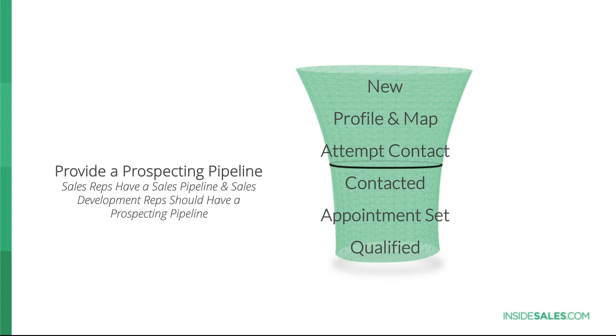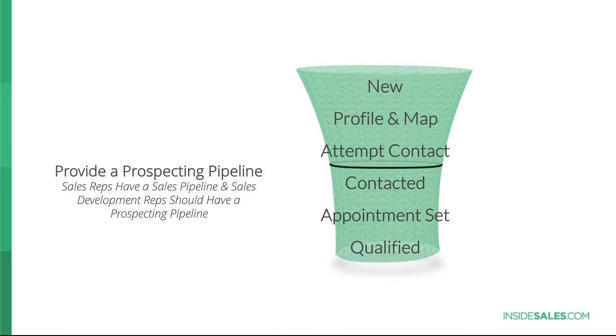And again, if you're a transactional sales development rep, this becomes a little less important, or potentially even a lot less important. But if you're a strategic, relational outbound sales development rep, and you don't have the terminology of prospecting pipeline in your back pocket, I just think you're looking at it the wrong way.